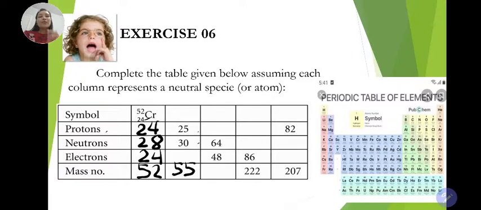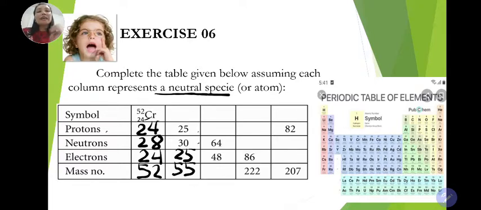And then we have our number of electrons. Since there is no given charge, we have a neutral species of atom according to our instruction. So, if our species is neutral, we have an equal number of protons and electrons. So, this is 25 also. Our atomic number is 25, our mass number is 55.